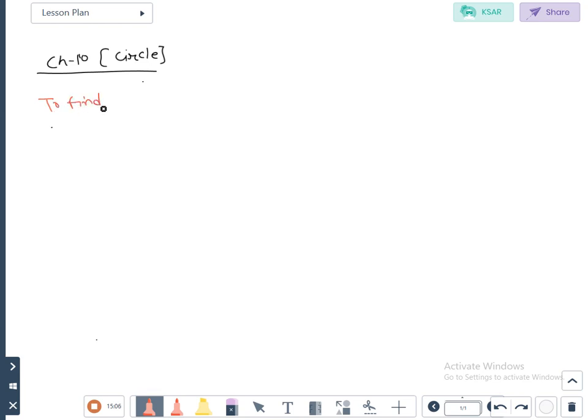To find the center of a circle: here you drew a circle with the help of a bangle. Then we don't know where the center of the circle is.